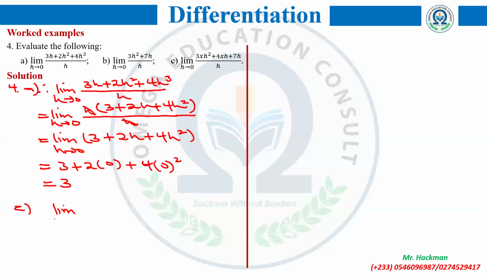It is the limit as h approaches 0 of 3h squared plus 4h plus 7h, all over h. Is everyone following?